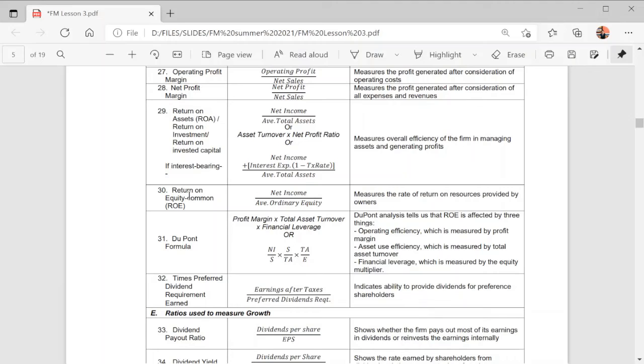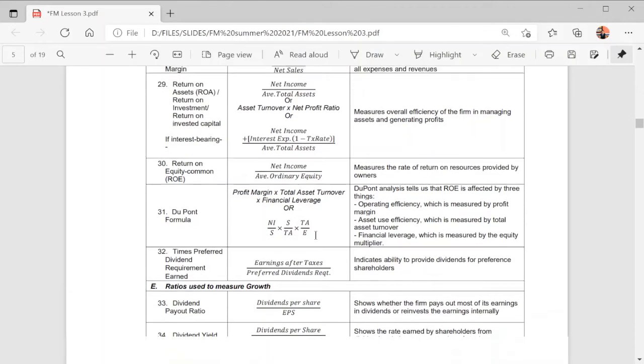So the ending is still ROE. Actually, the DuPont formula is the expanded ROE, with the following components: profit margin, asset turnover, and financial leverage. If you look back at the formulas previously, these are the components. So the return on equity is broken into three components.